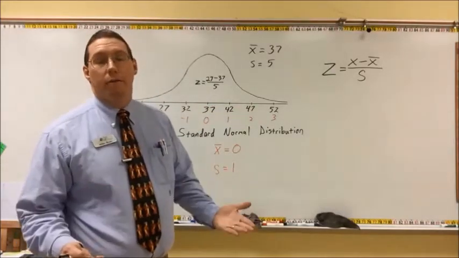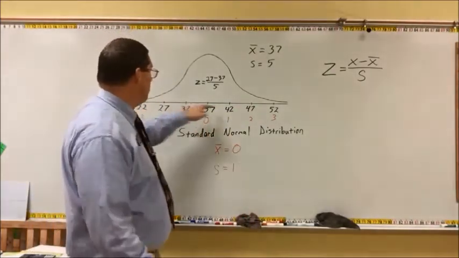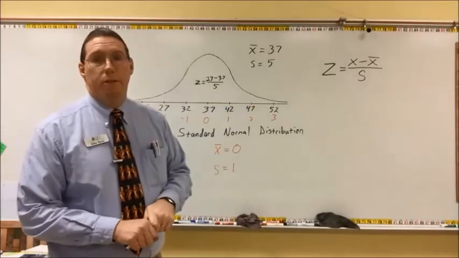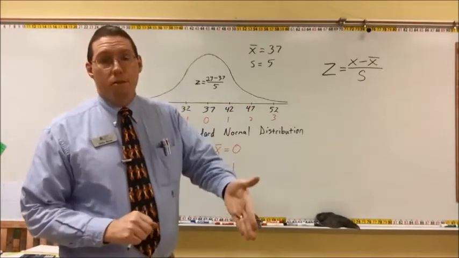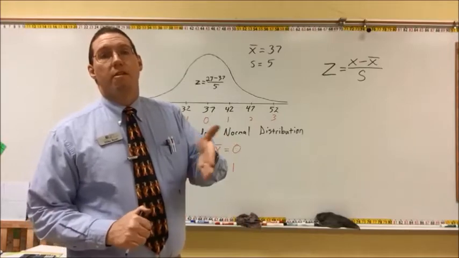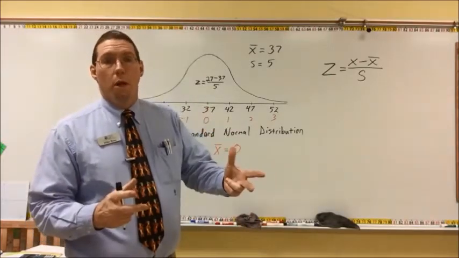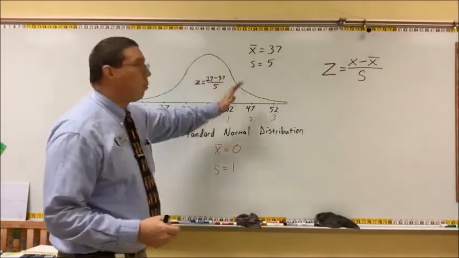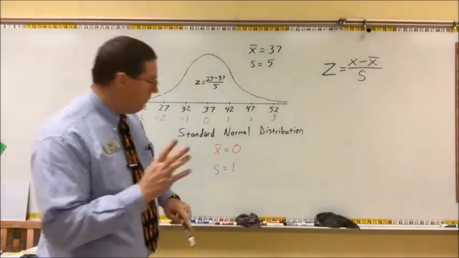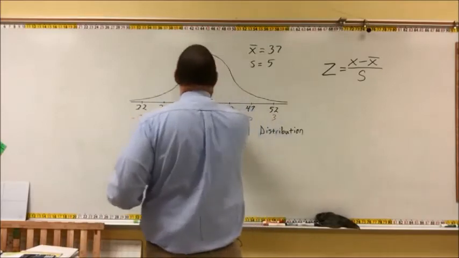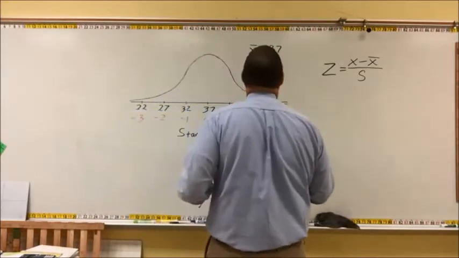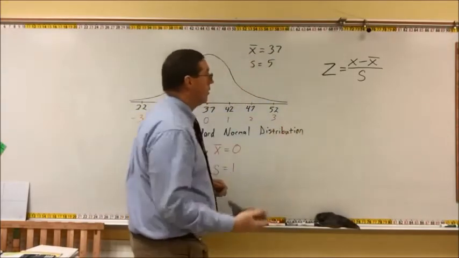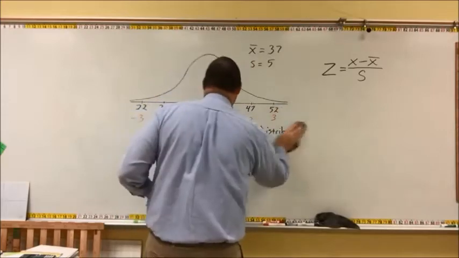Once you know how to turn the values in a population or a sample into Z-scores, then you can use a special tool which calculates the proportions under a curve. But for now, the first thing you need to be able to do for this lesson is calculate a Z-score. So here's what we're going to do.